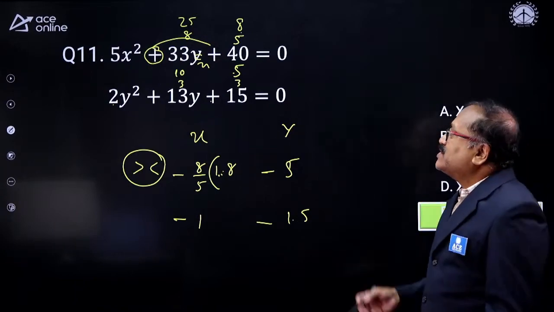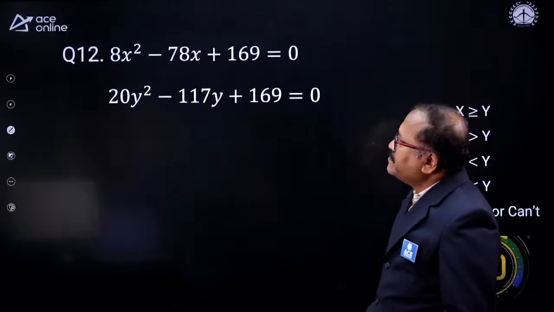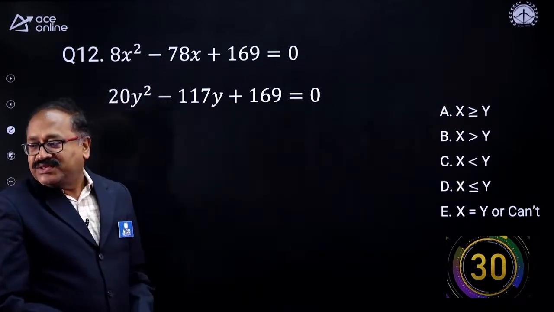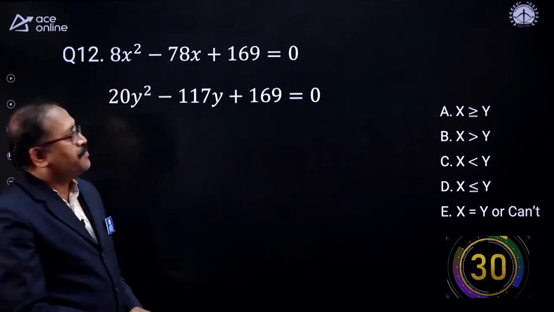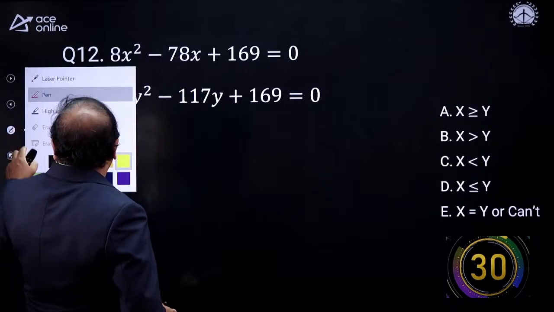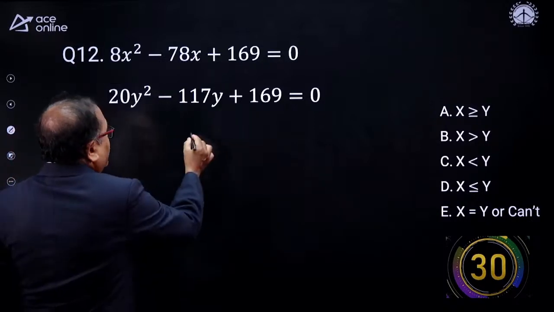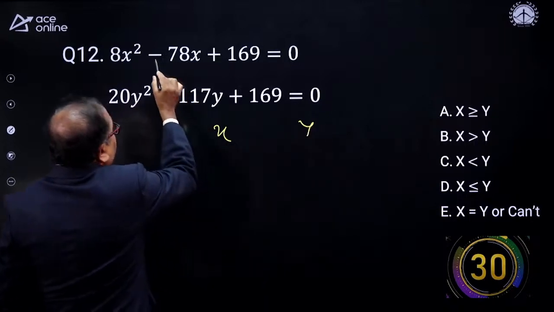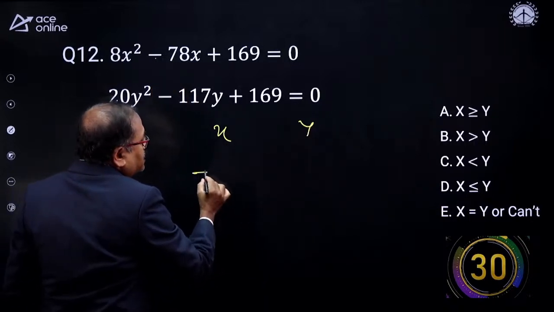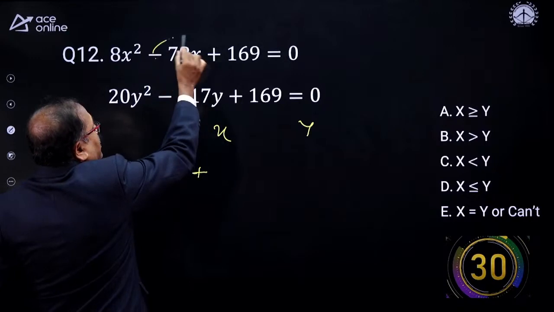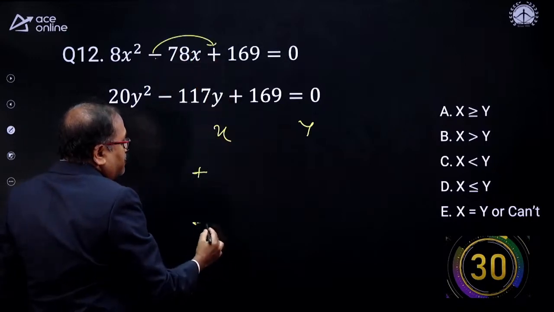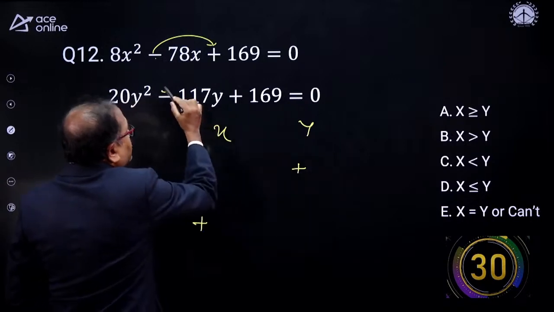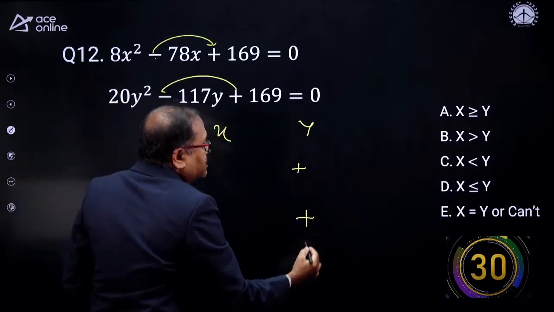Okay. So the next question here. How do we do it? Take the x value here, take the y value here. Minus will become plus. The first sign always changes, and the minus does not change the next sign, it remains as plus.